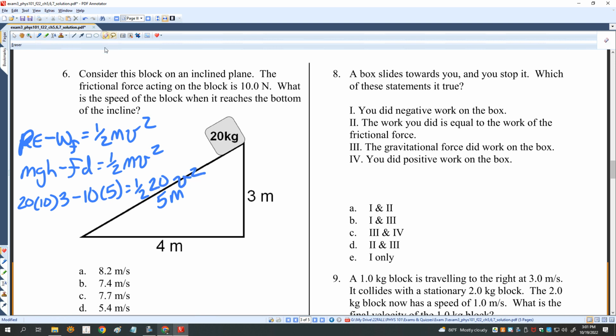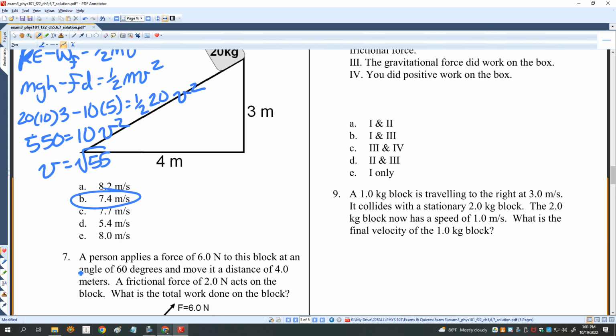I'm going to erase this 5 just to get it out of the way. And now solve for v. 600 minus 50 is 550 equals 10 v squared. And so v is equal to the square root of 55. I think that's 7.4. So B is the right answer for number 6.